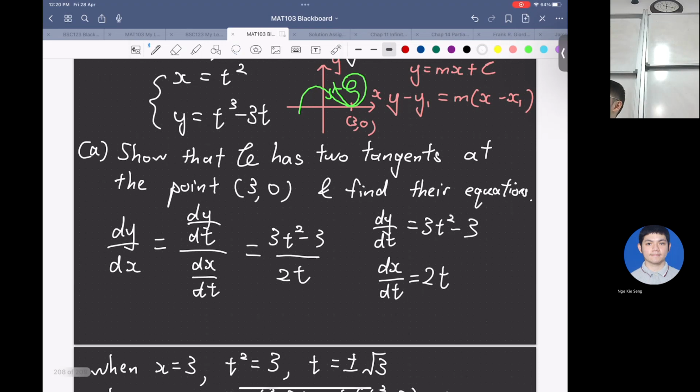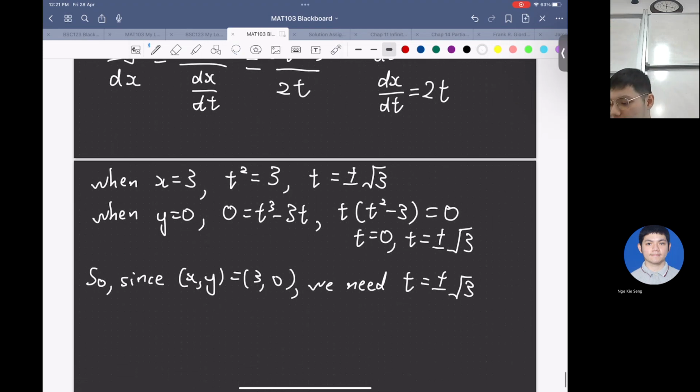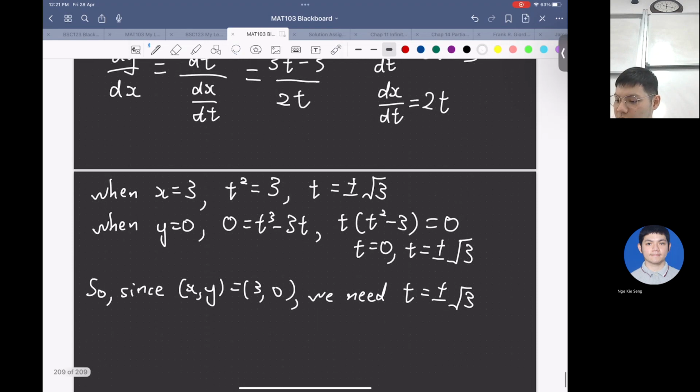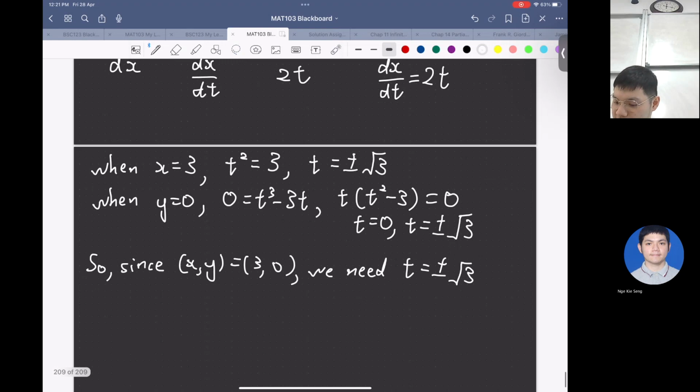That means when t equals 0, the particle passes by the origin. Okay, good. So these two times, the particle passes by (3, 0). So we need these two times to compute our dy/dx.